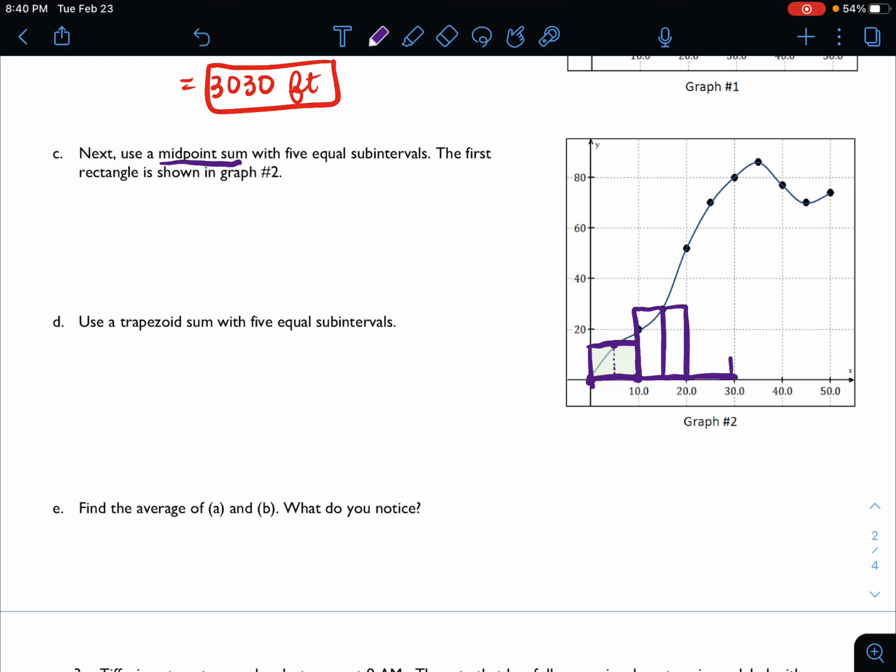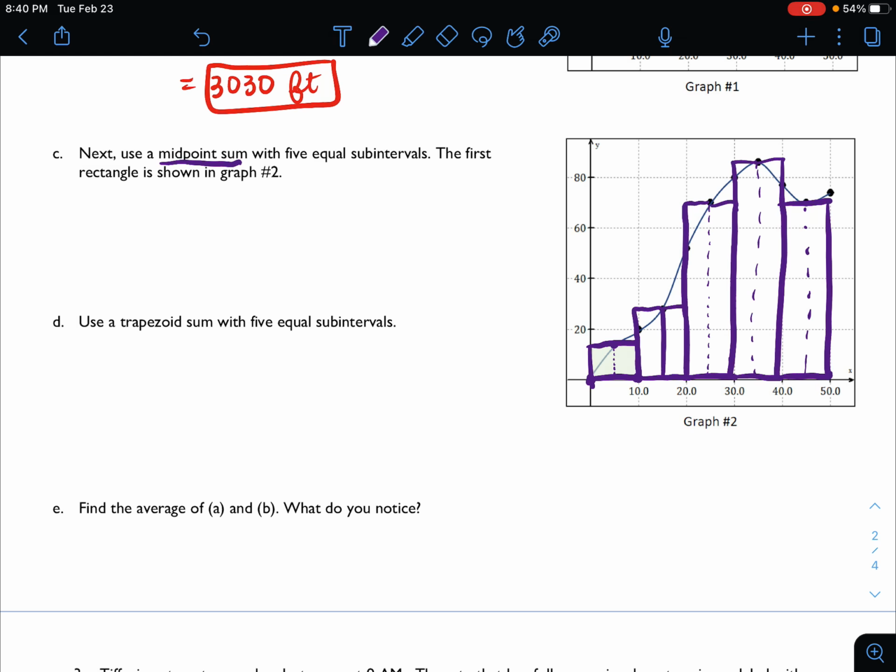From 20 to 30, I will use my height at 25. From 30 to 40, I will use my height at 35. And from 40 to 50, I'll use my height at 45.